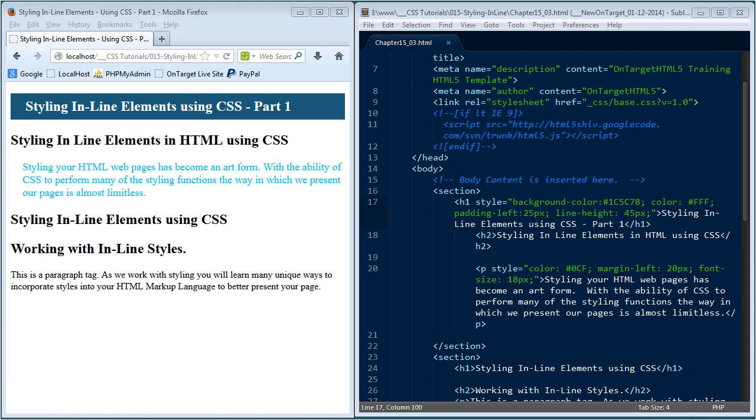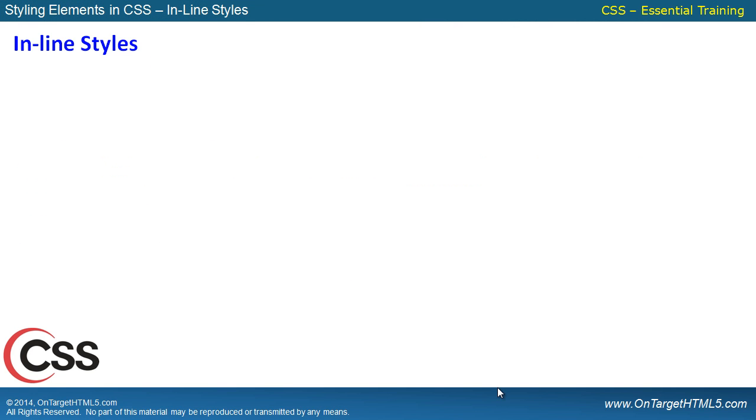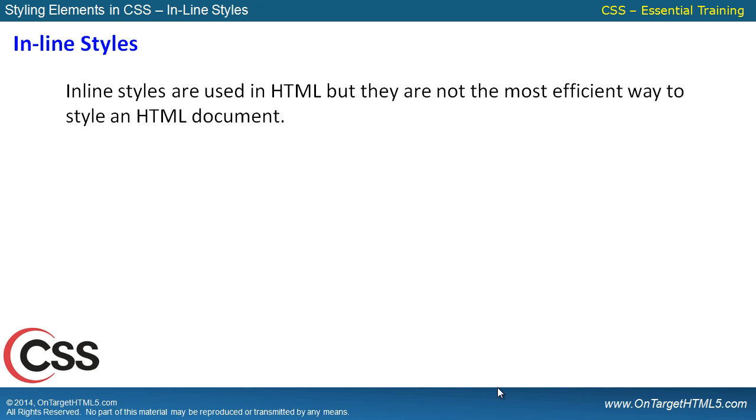All right, so we've had a couple of good demonstrations of inline styles. Let's go back into our presentation for a moment. Talk about some of the things that we've discussed and prepare for our next. So let's move back into the development environment. Inline styles. So inline styles are used in HTML, but they're not the most efficient way to style an HTML document.